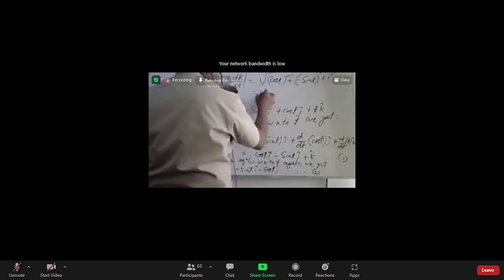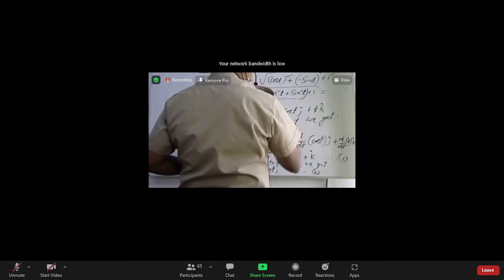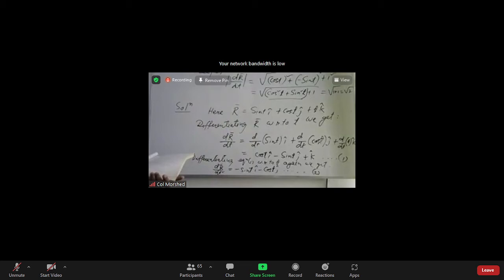So this is cos square t plus sin square t plus 1. We know this is equal to 1, so it is 1 plus 1. That means this is equal to root over 2. So the magnitude of the derivative dr/dt is root over 2.